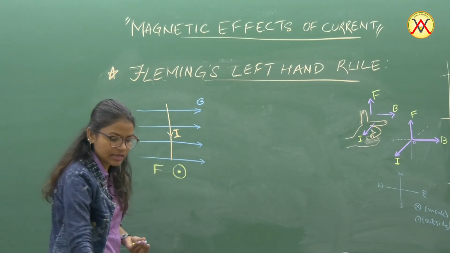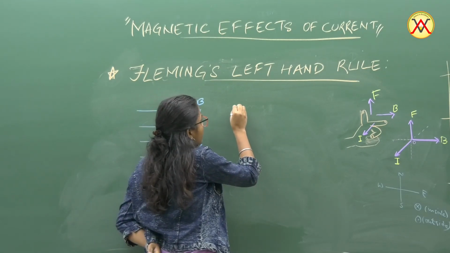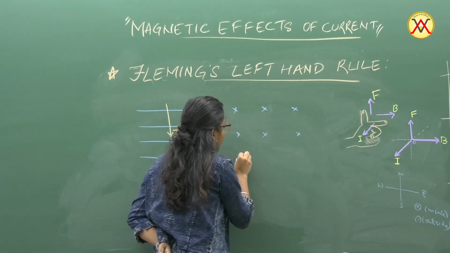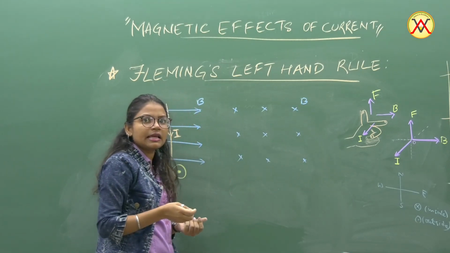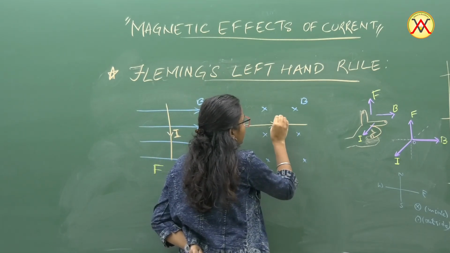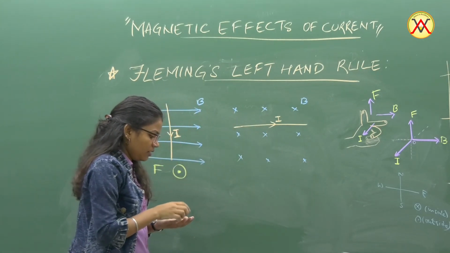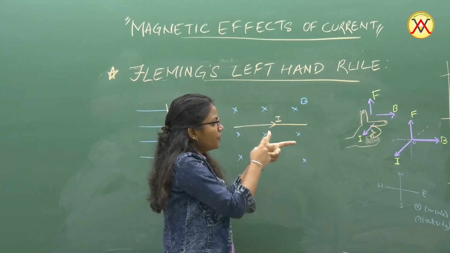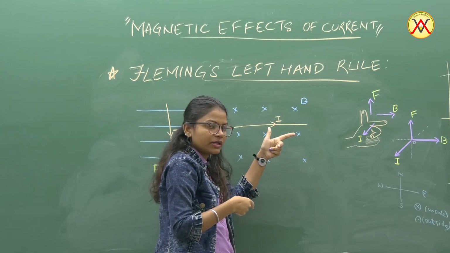Alright, let's discuss another question. Let's suppose the direction of our magnetic field is going inside the plane. This is our magnetic field, and let us say the direction of our current is going in this direction. This is our current carrying conductor. Now, the direction of our magnetic force. Again, we have already stretched our fingers in mutually perpendicular directions.